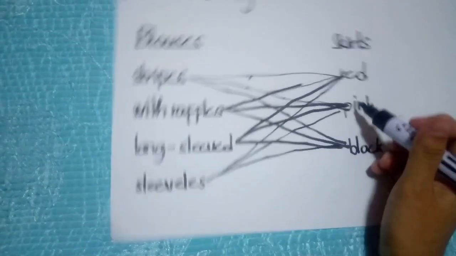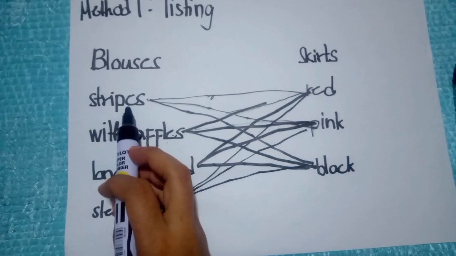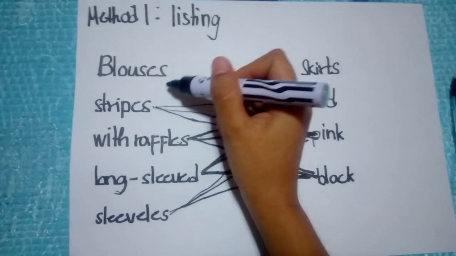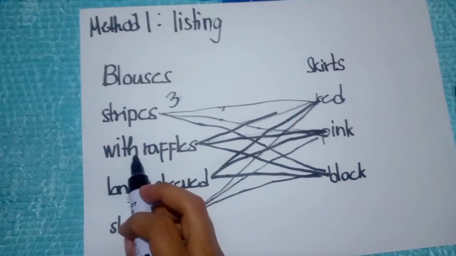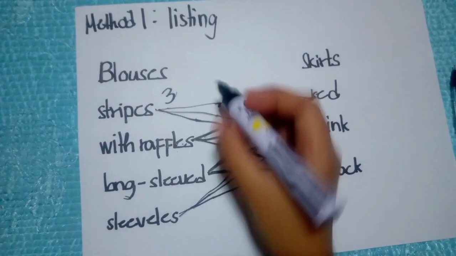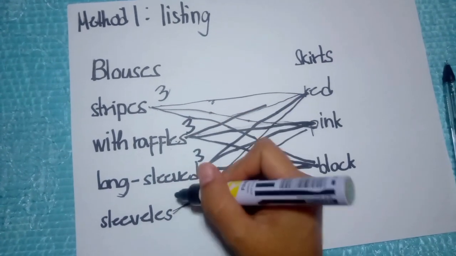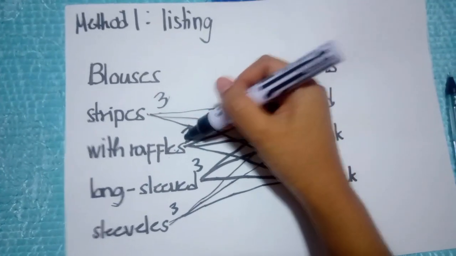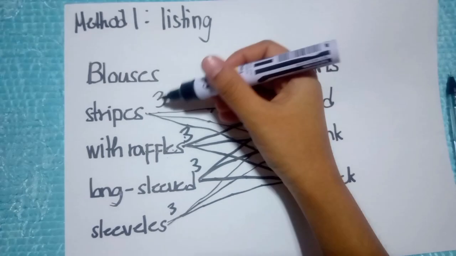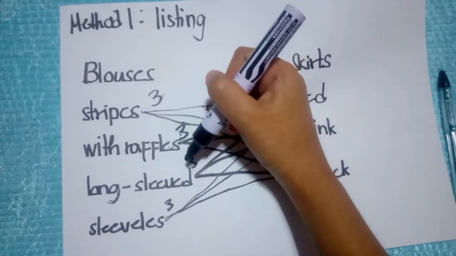How many pairs for the stripes? Three. With ruffles, three. Long sleeve, 3 pairs, and sleeveless, 3 pairs.